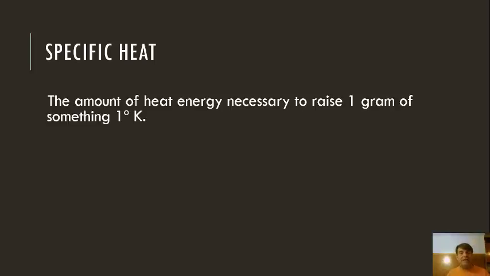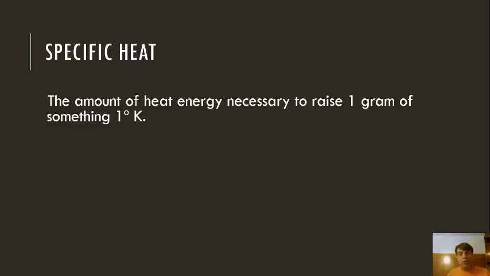Water actually has a fairly high specific heat, which is why it's good at putting out fires and things like that. It's also why water tends to be a rather stable substance, because it does not heat up nearly as fast as many other elements or substances in the world. And so the specific heat of something is the amount of heat energy necessary to raise 1 gram of that thing by 1 degree Kelvin.